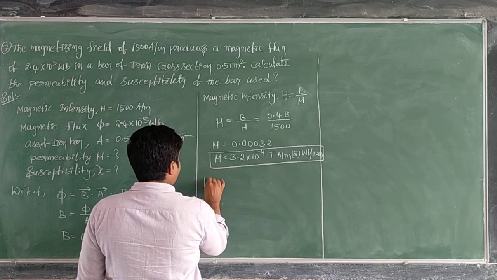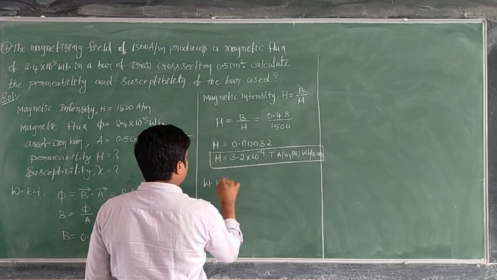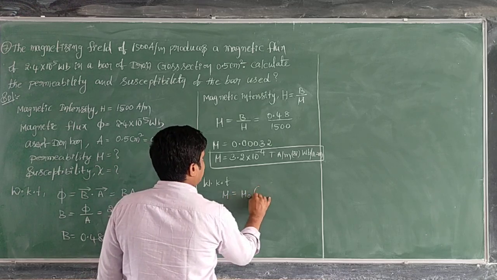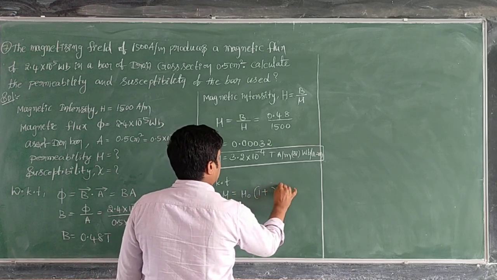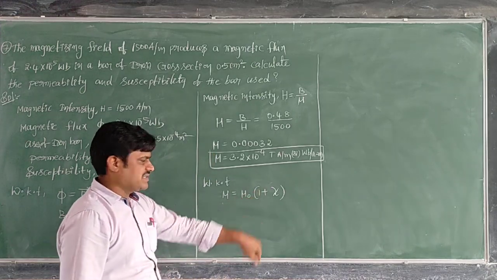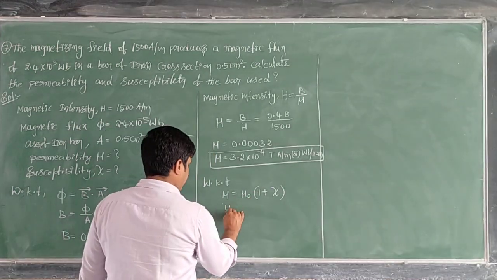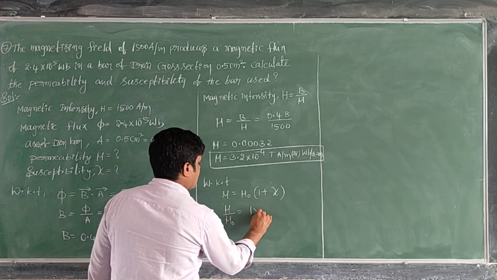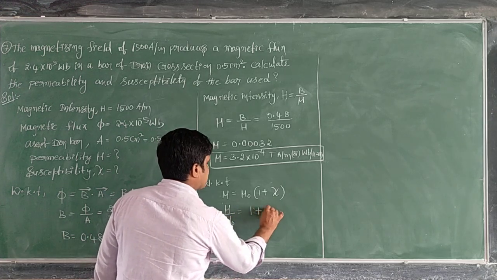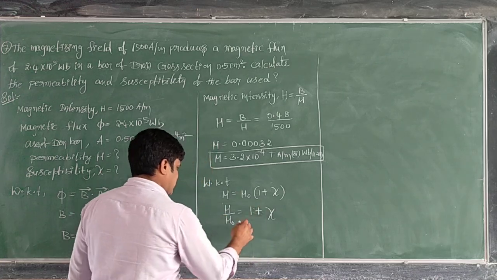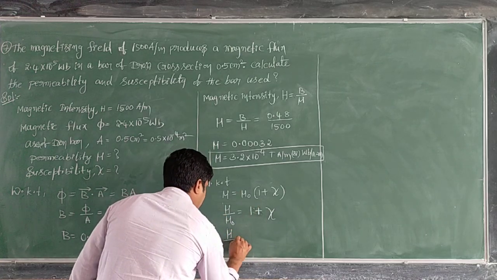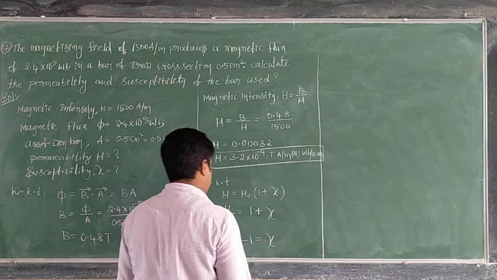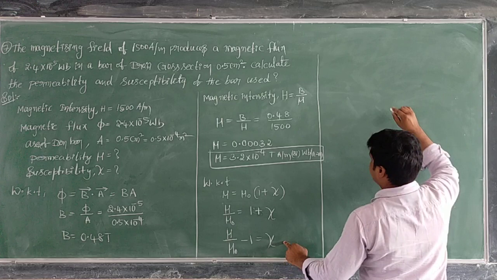Thereafter, the relation between magnetic permeability and susceptibility is mu equal to mu naught into 1 plus chi. So mu divided by mu naught is equal to 1 plus chi, so mu by mu naught minus 1 is equal to chi.